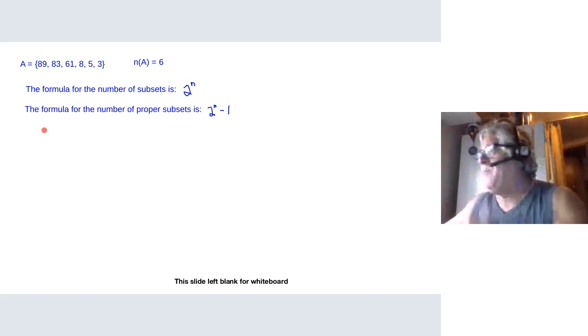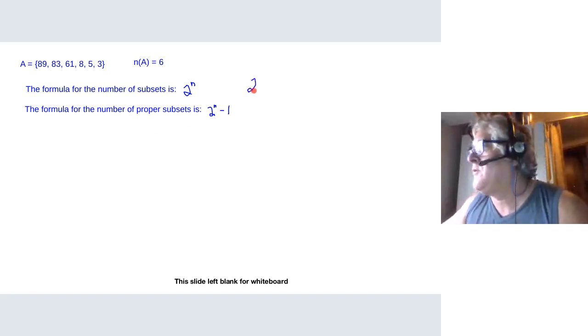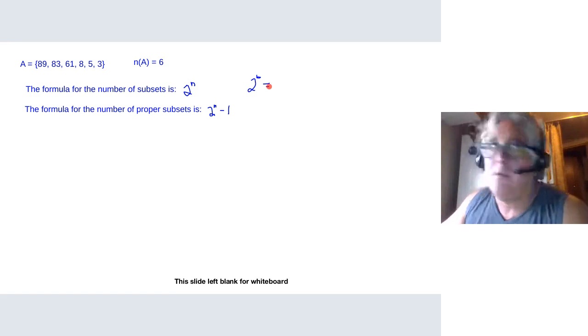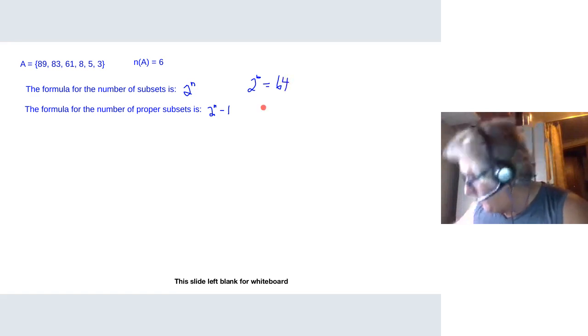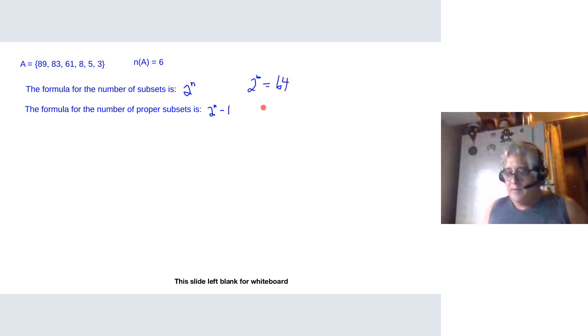So for this one, it's 2 to the 6th power. 2 to the 5th power is 32, so I think that's 64. Check it for me. If you got that, 2 to the 6th power is 64.